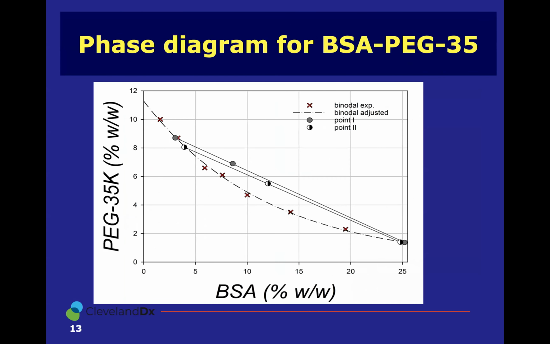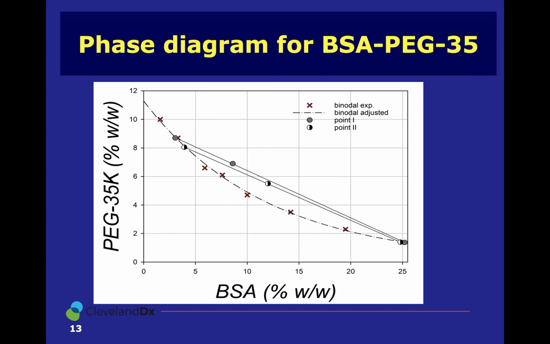Now here is the final example. It's the system that is formed with bovine serum albumin and polyethylene glycol 35,000 molecular weight.